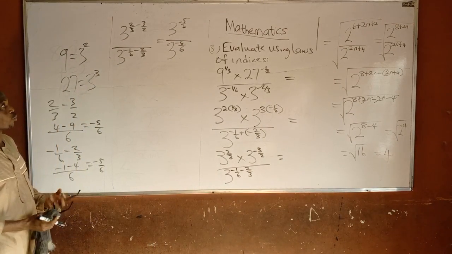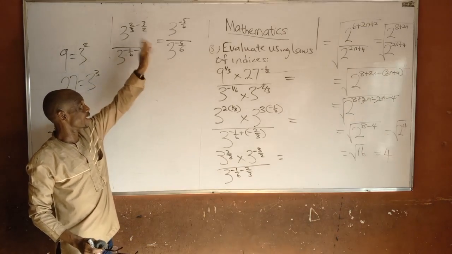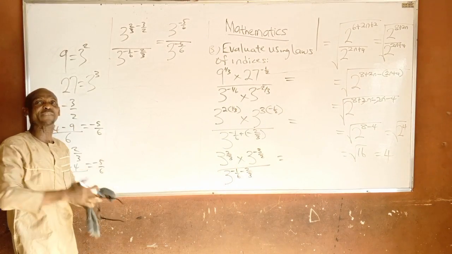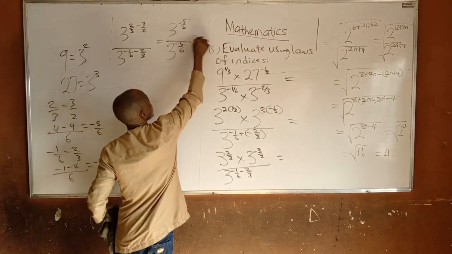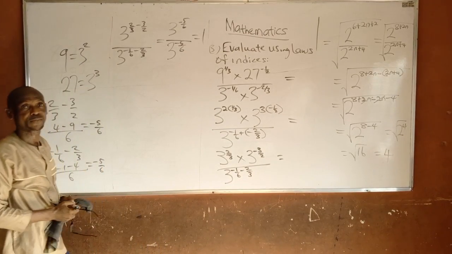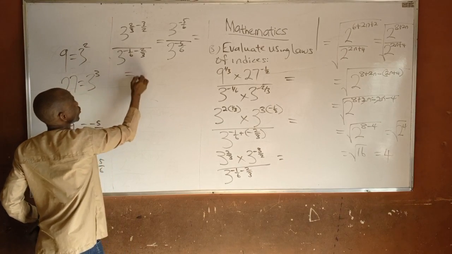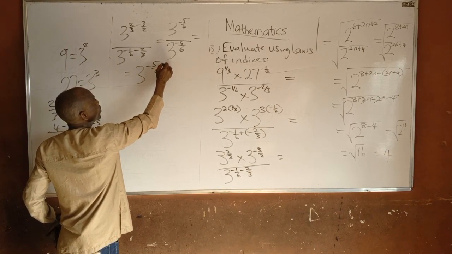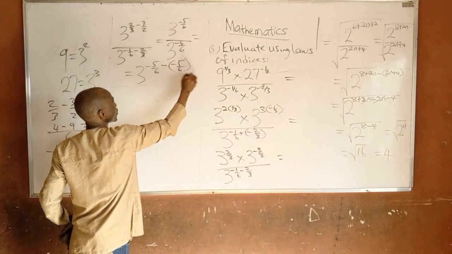So you can see now that we have 3 raised to power minus 5 over 6 divided by 3 raised to power minus 5 over 6. When a number divides itself, the answer automatically is equal to 1. But let's use indices. This will be given as 3 raised to power minus 5 over 6 minus, open bracket, minus 5 over 6.